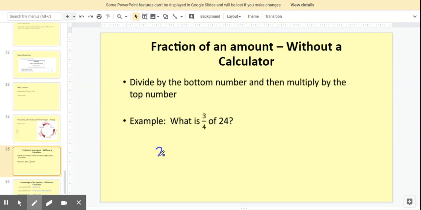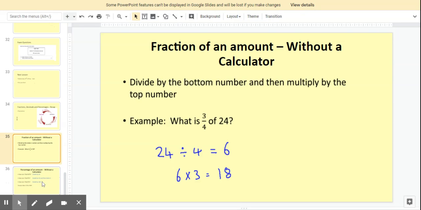We have 24, our amount, divided by the bottom number 4. So 24 divided by 4 is 6. And then we multiply this by the top number. So 6 times 3 is going to give us 18.